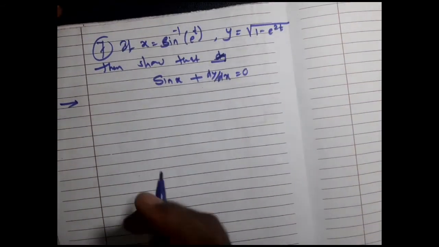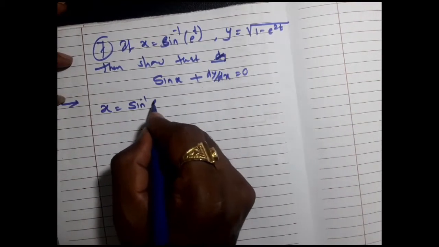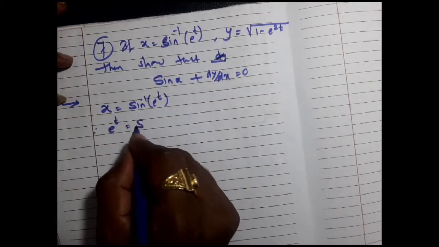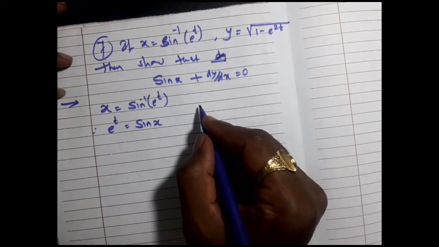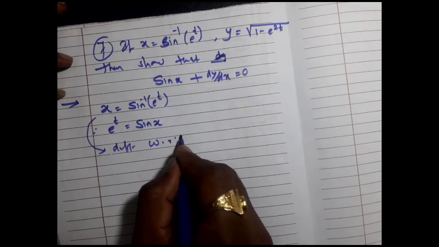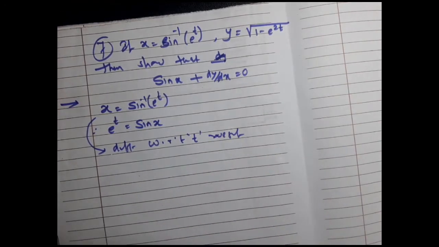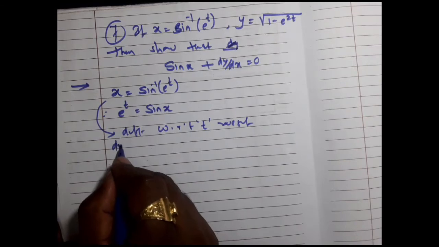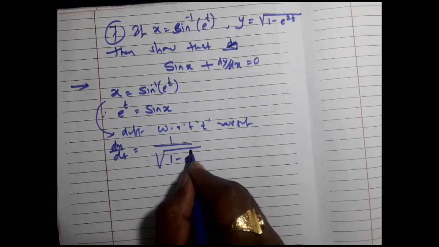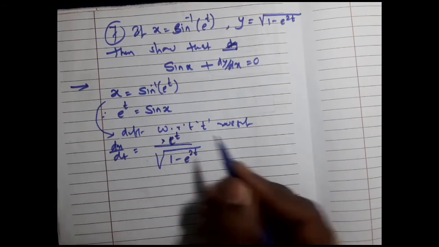Next, example number 7. Given x is equal to sine inverse e raised to t, that is e raised to t is equal to sine x. So differentiate with respect to t, we get dx by dt is 1 upon root 1 minus e raised to t square, into derivative of e raised to t.